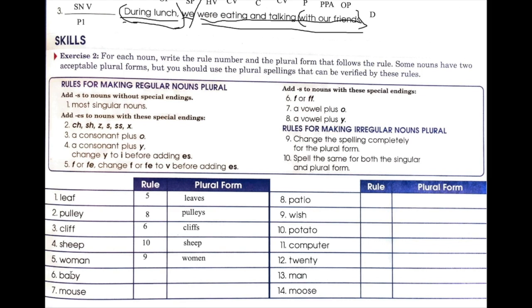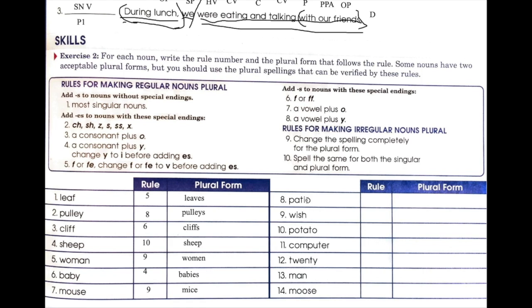Baby has a consonant and a Y. So that's rule number 4. For rule number 4, it says change the Y to an I and add ES. Mouse, we change completely around, so it follows rule number 9. We make it mice.